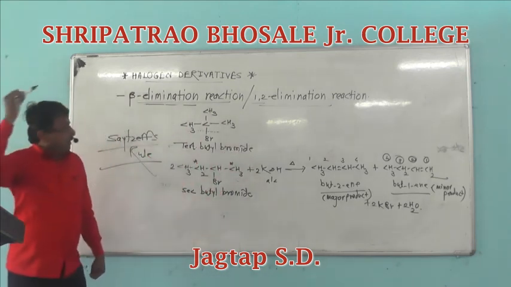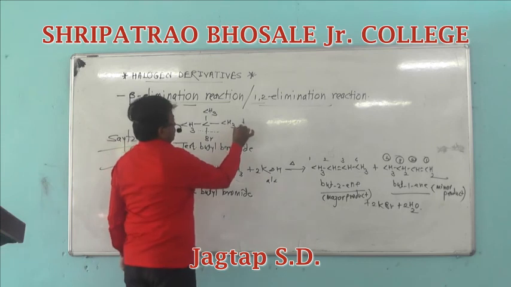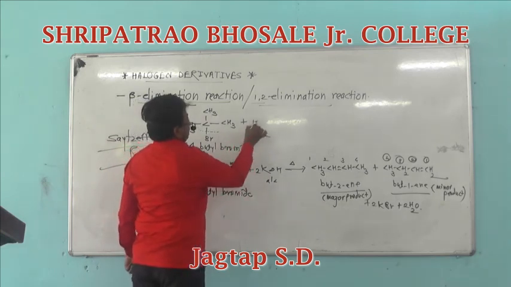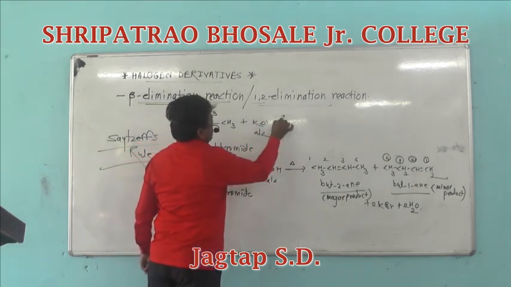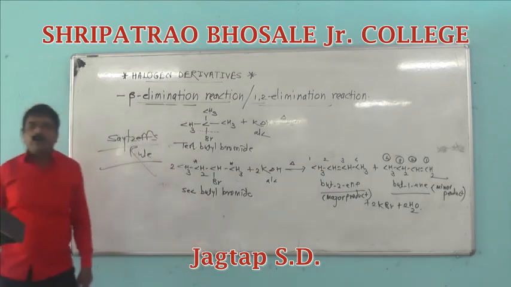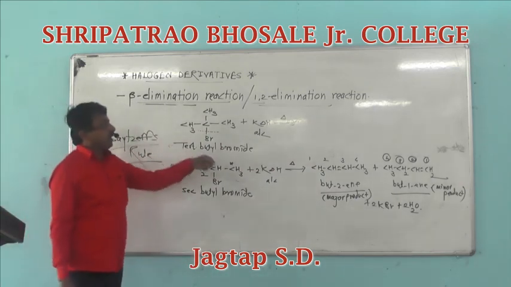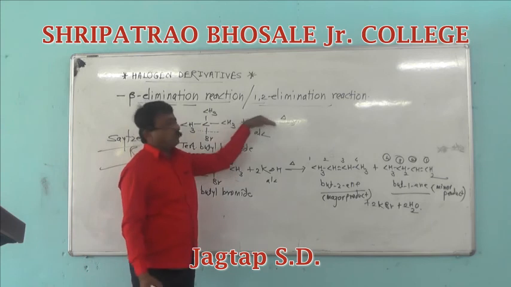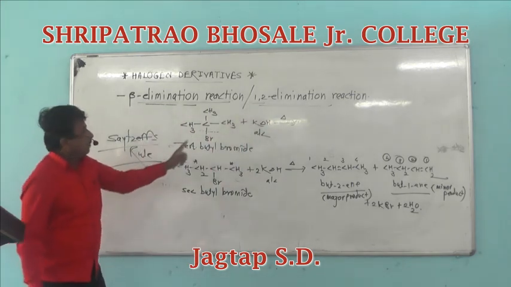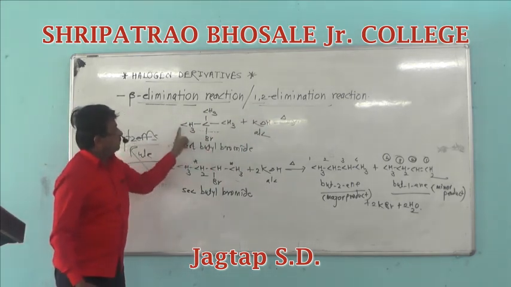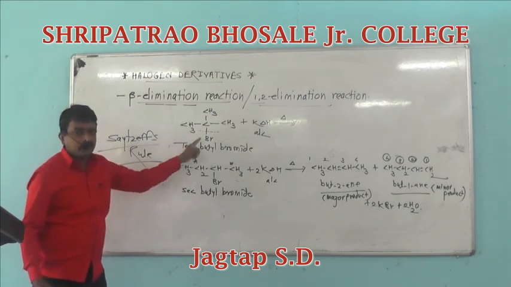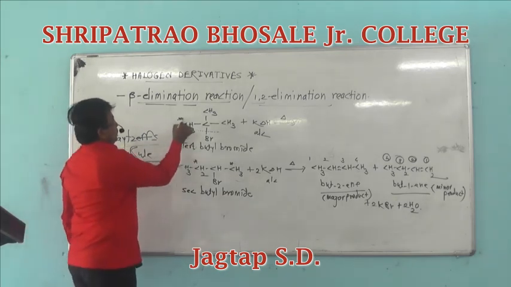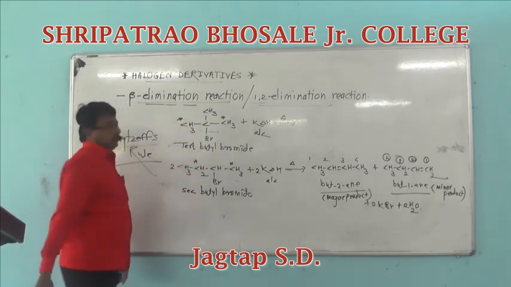Tertiary butyl bromide is boiled with alcoholic potassium hydroxide. In presence of alcoholic OH, the removal of hydrogen halide takes place from adjacent carbon atom. Here, two adjacent carbon atoms are present.